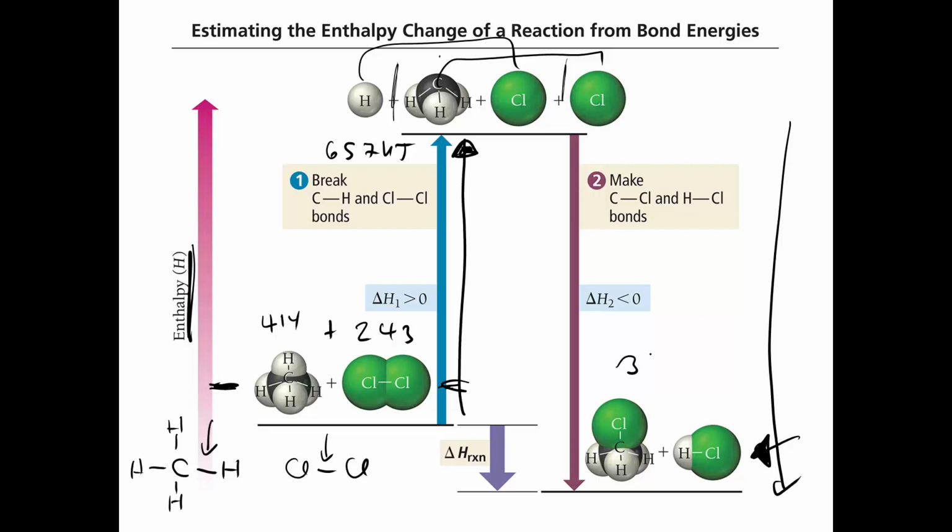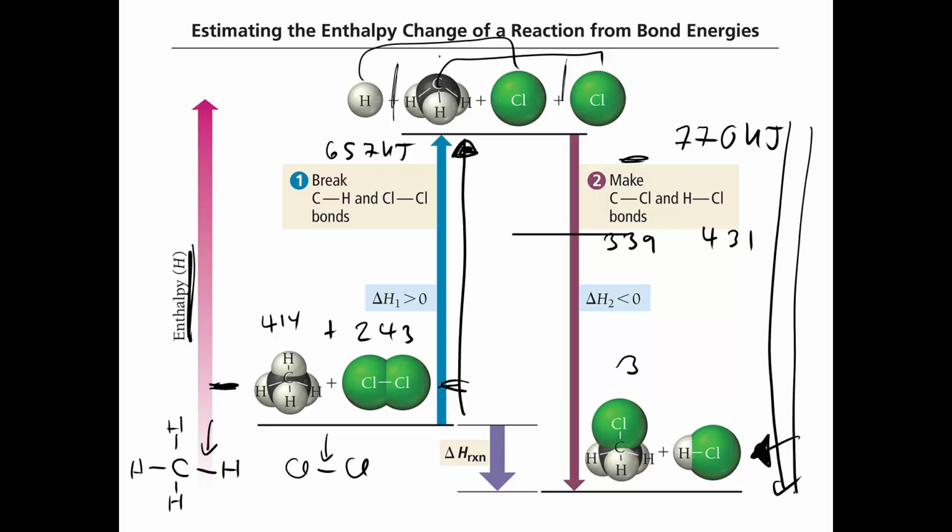So let's put them here because here's the making. That's where I should have put it. 339 kilojoules, and this is 431. So together this has a higher energy. See? And this energy is released. So that's a negative value here. So this is going to be negative.